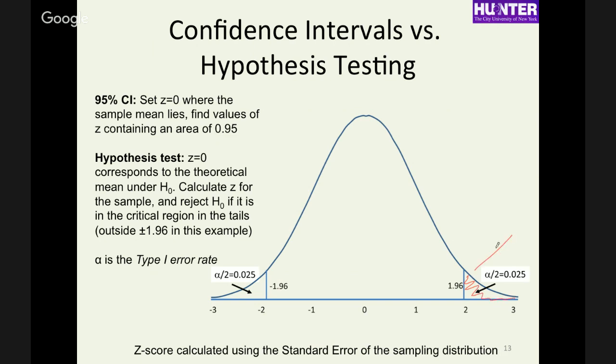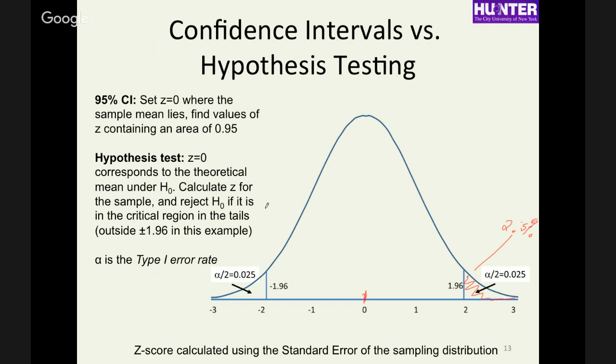So you've got 2.5% in each tail. If you are constructing a confidence interval, you put the middle of it right here in your sampling distribution, and you put the edges of it right there. And if you're using a normal distribution, it's at plus or minus 1.96 on the scale of the z-score.